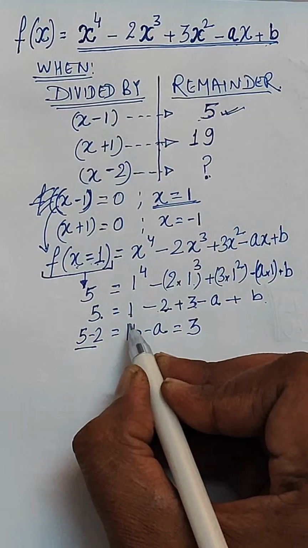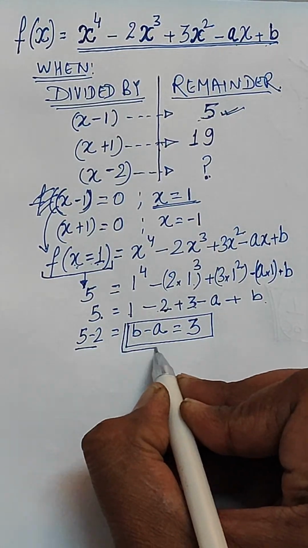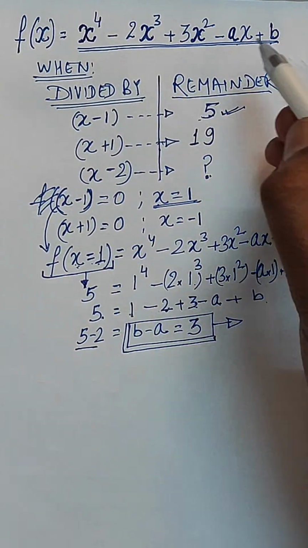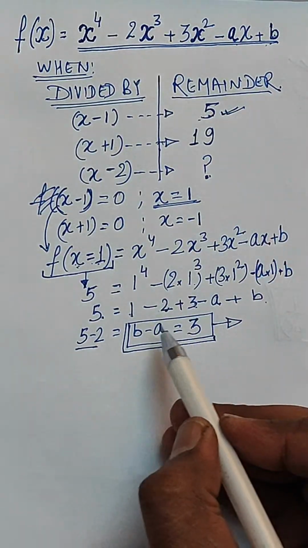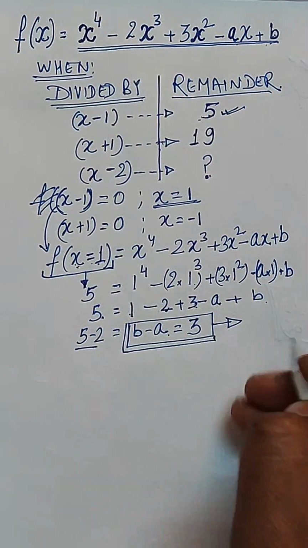So b minus a equal to 3 is one of the equations derived. Why are we doing it? Because we need to find the values of a and b. So this is one of the equations.